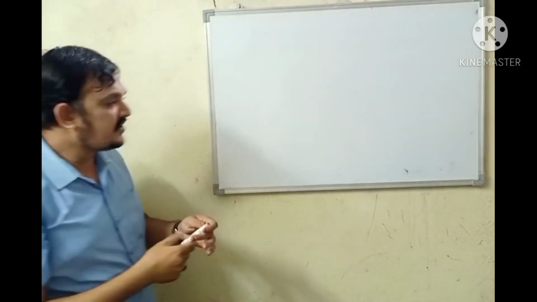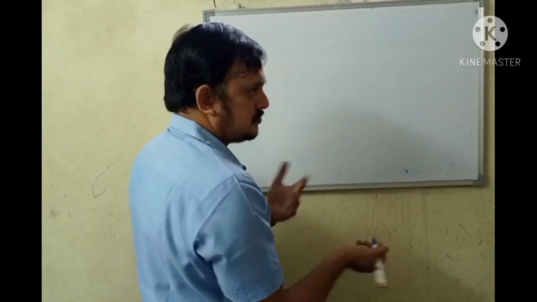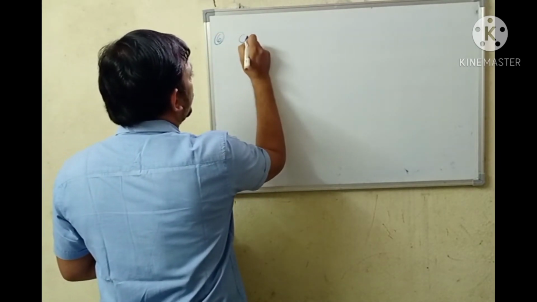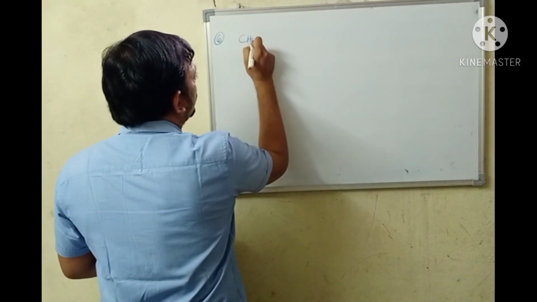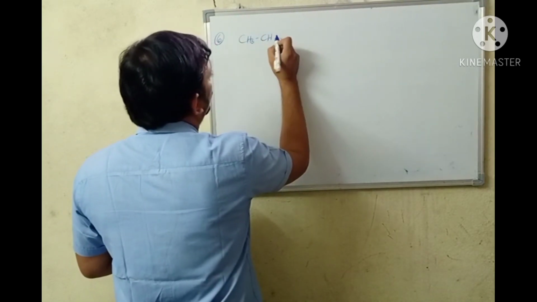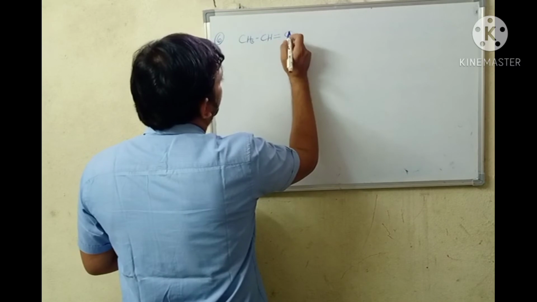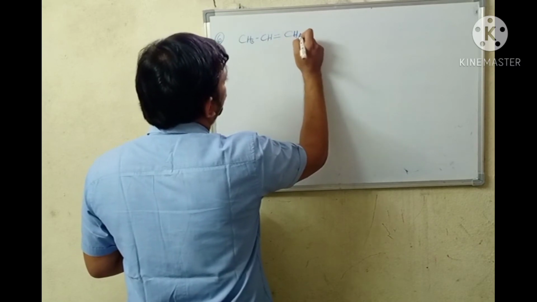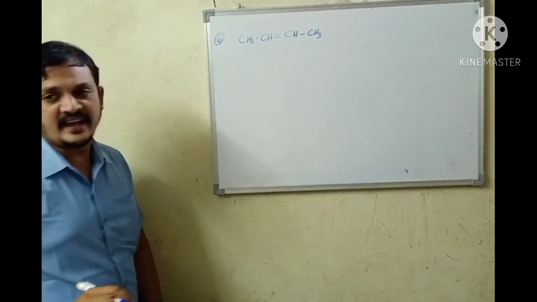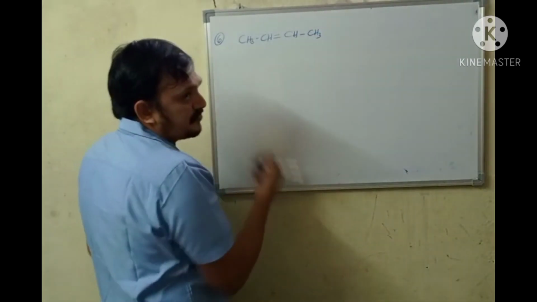If a compound is containing double bonds, it's an alkene. So CH3, CH, double bond, CH, CH3. Is there like that? So no substituents are there.